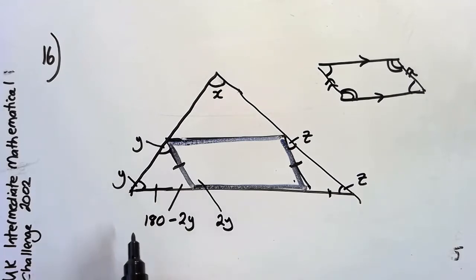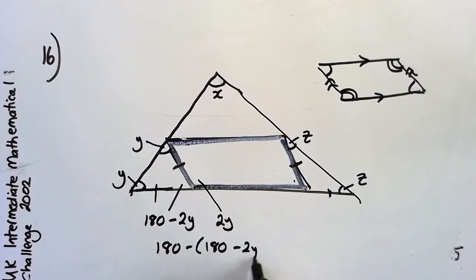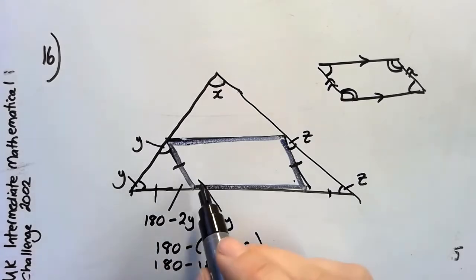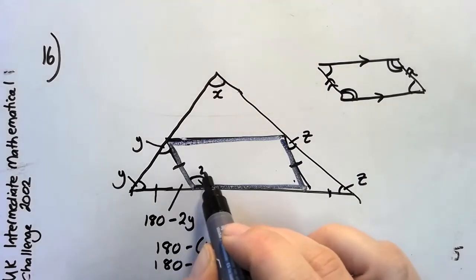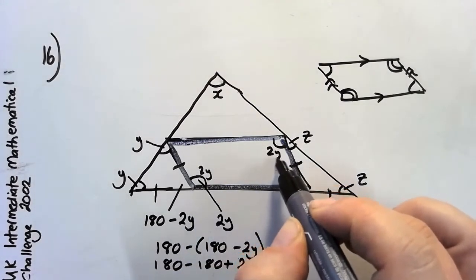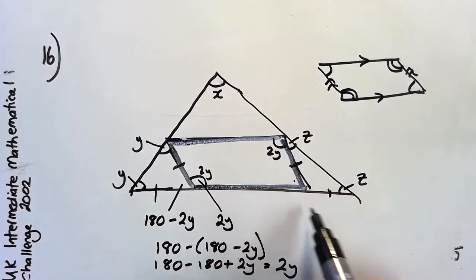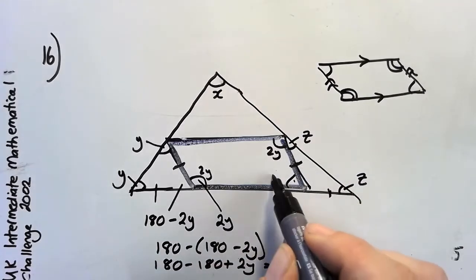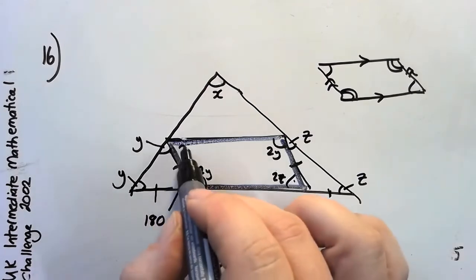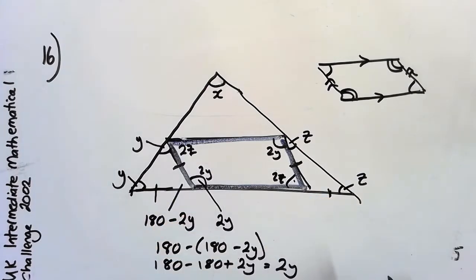Because it'll be 180 subtract 180 subtract 2Y, which is the same as saying 180 subtract 180 add 2Y, which just leaves us with 2Y. So this angle here is 2Y. This angle here is going to be 2Y. And conversely, the same with this corner here. This one's going to be 2Z, and this one's going to be 2Z as well.